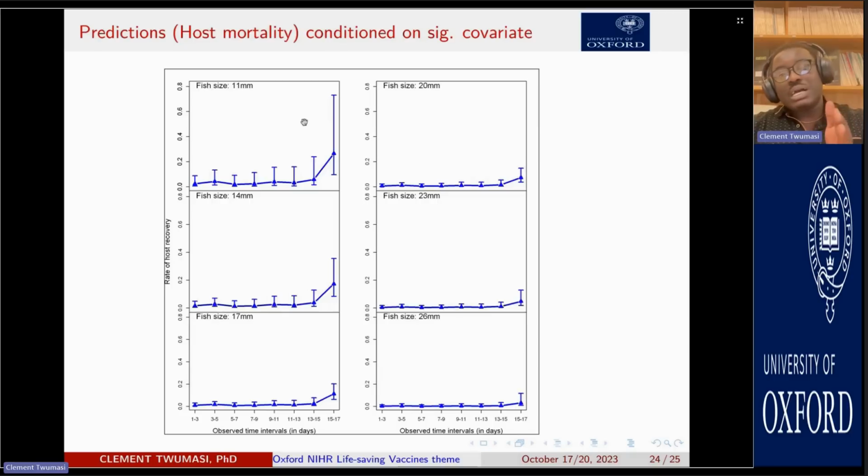But the beauty about the multi-state model is that suppose you have only 2 possible transitions, because in this particular study, there were only 2 possible transitions. So it means that an infected host or an infected fish could either lose its infection and still remain alive, or could die. Okay, so there were just 2 possible transitions.